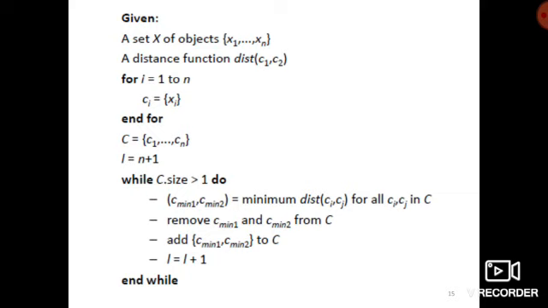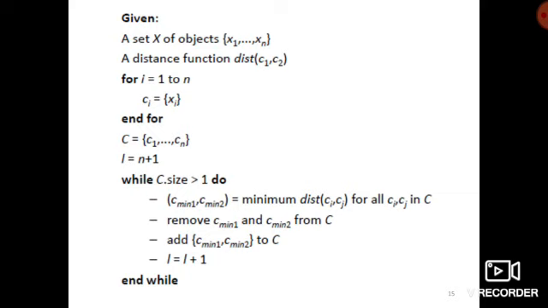Now if you see the algorithm here, the distance between cluster i and cluster j is measured by the minimum distance function over C of i and C of j.